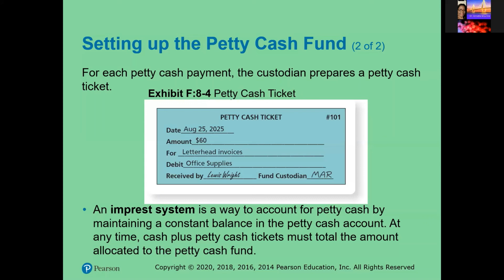Say that they have $200 for their petty cash fund. So you see a petty cash ticket for $60, which means $140 should be in cash. So $140 plus the petty cash ticket of $60 is equal to $200, which is the total of the petty cash fund account.